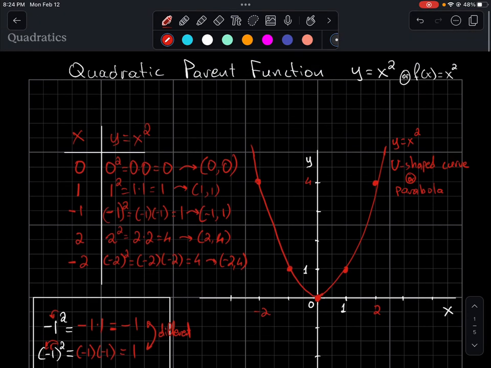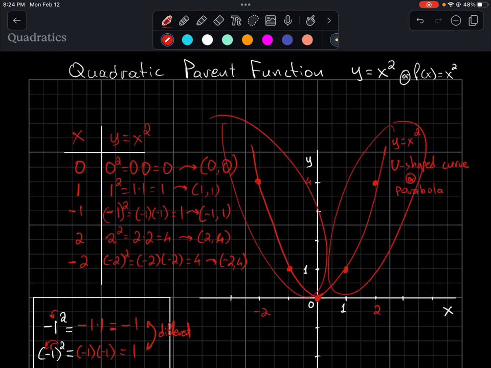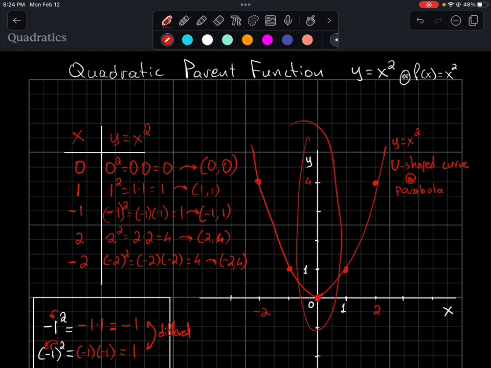Let's look at this parabola. You see it has two branches, one on the right and one on the left. Now if I fold this parabola about the y-axis, I'll see that one branch is going to fall on top of the other. Another way to see it, if you put a mirror in the middle, the reflection of one branch, let's say the right branch, is the left branch and vice versa.